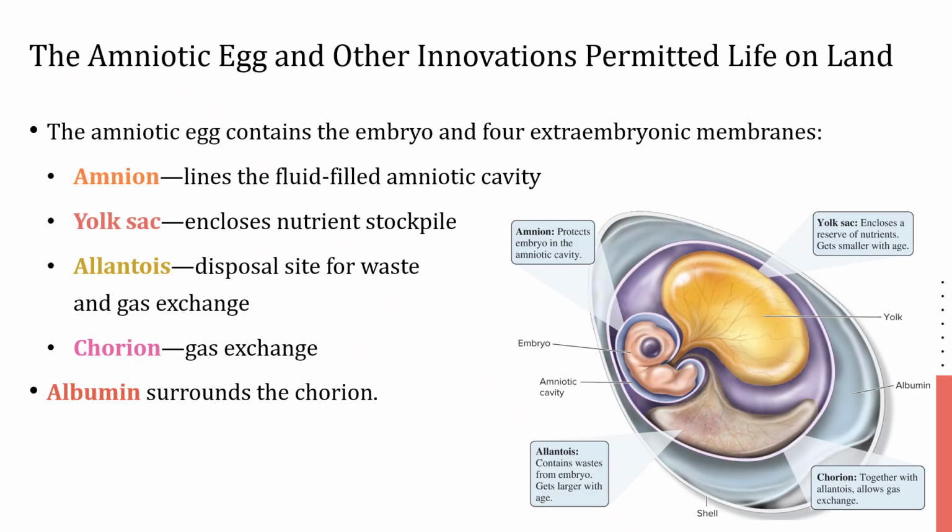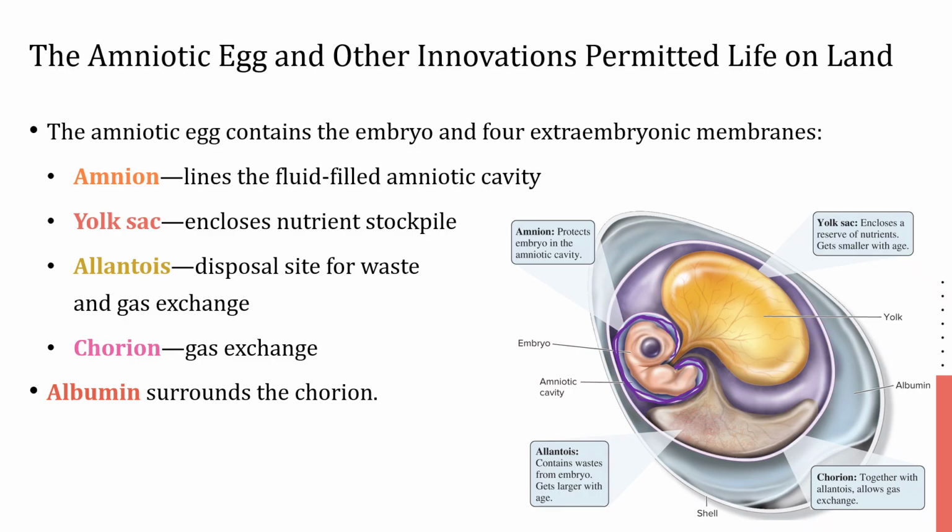We'll see a couple of different versions of the amniotic egg, but all of the amniotic eggs are going to have a similar physiology. So starting in the center, we have the amnion that surrounds our little embryo here. So this light bluish purple sac around the embryo, and attached to that is the yolk sac.